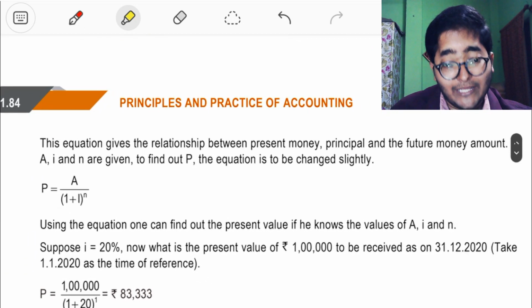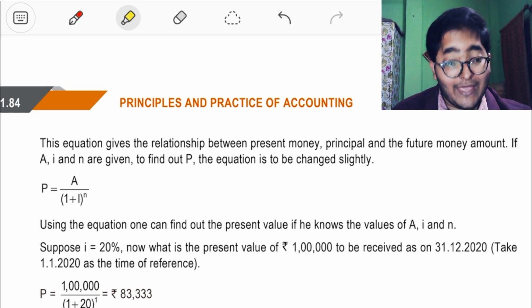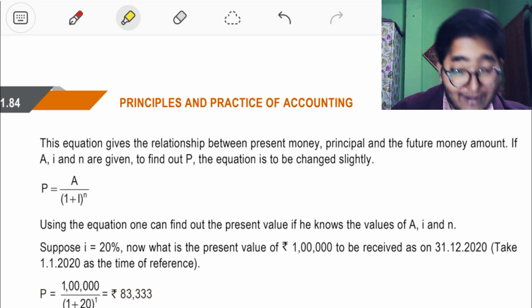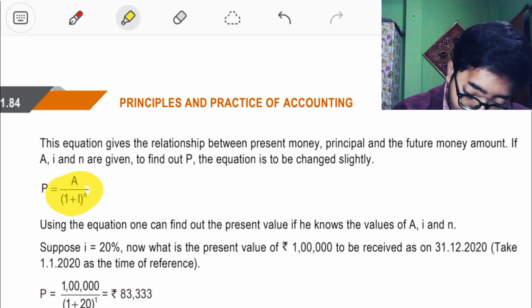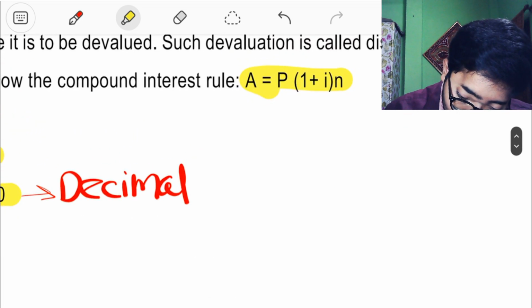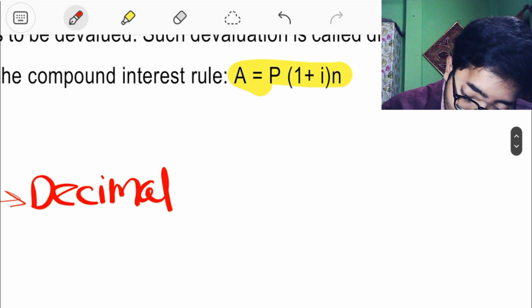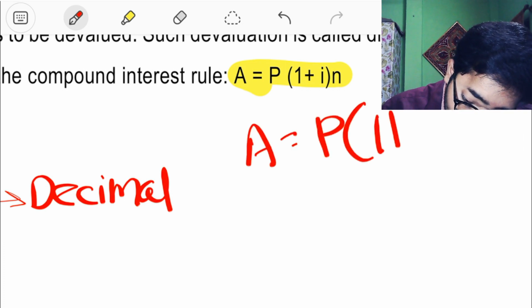This equation gives the relationship between present money, principal and the future money amount. If A, I and N are given, to find out P, the equation would be this. Very easy. The formula is given: amount equals principal into 1 plus I to the power n.